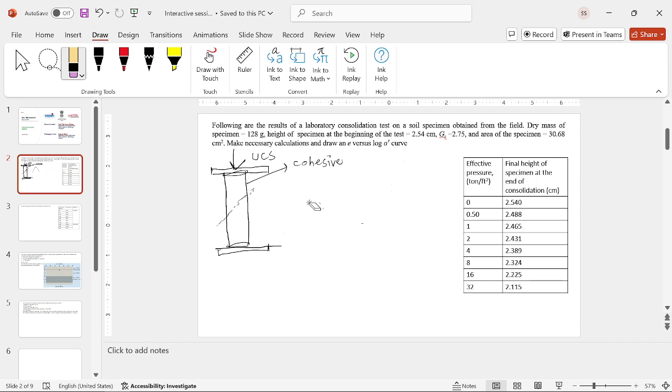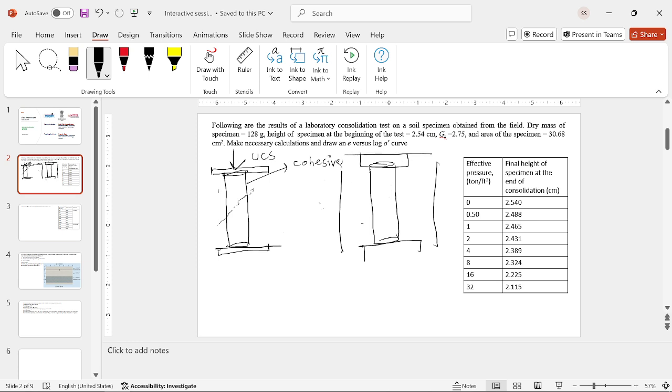Then same kind of sample, same material. There is this instrument through which we make this sample. In the triaxial test, there is an outer cell, and there is this platform, and in the outer cell we fill water.